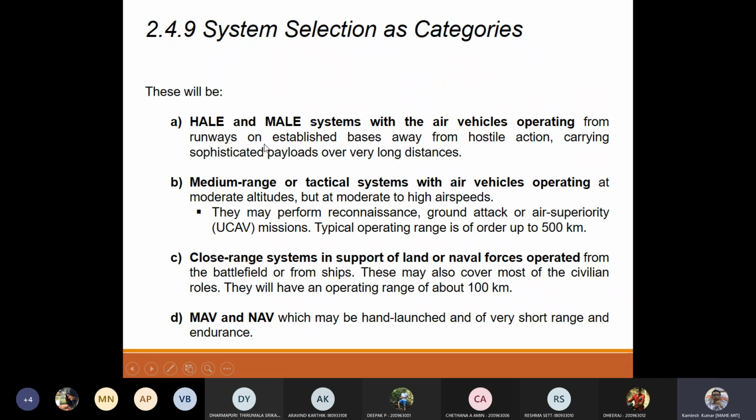So selection also depends on this type of category, like classification of the aircraft in terms of maximum takeoff weight or in terms of range. Okay, how long this can fly and how long this can be in the air. So this depends either on your flying hours or on your flying distance. Okay, so this is a very important point again when you are talking about the design.